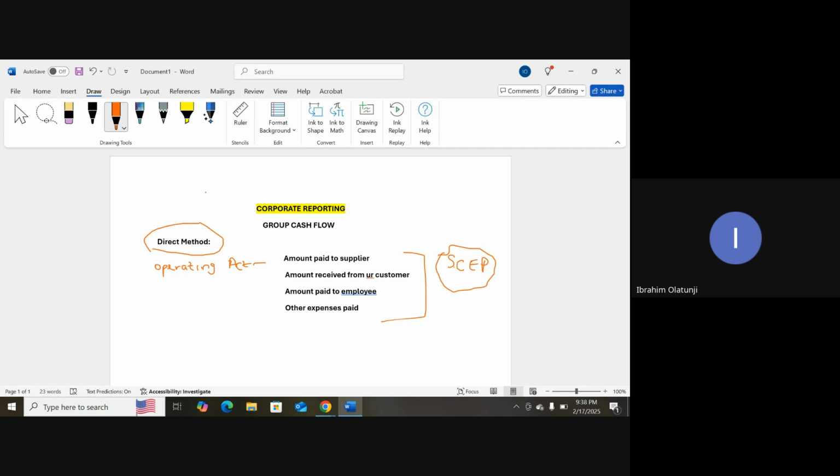So when we are calculating group cash flow and they ask us to use the direct method under operating activities, this is what differentiates the indirect method from the direct method. When you are computing operating activity, we call it SCALE: amount paid to your supplier, amount received from your customer, amount paid to your employee, and other expenses paid.